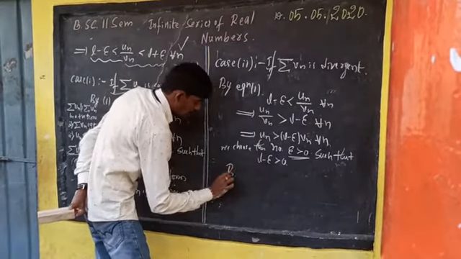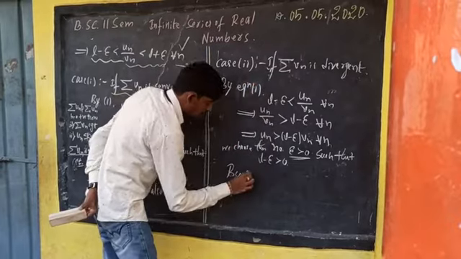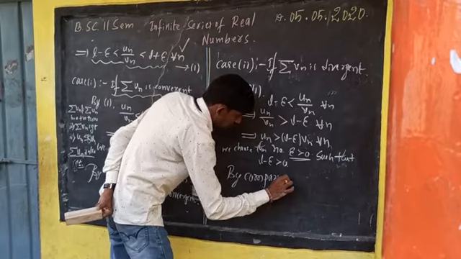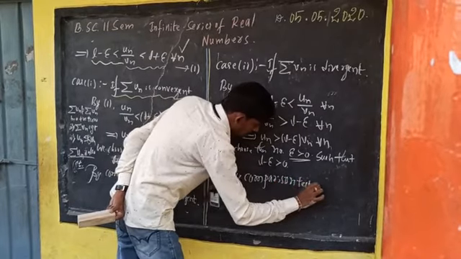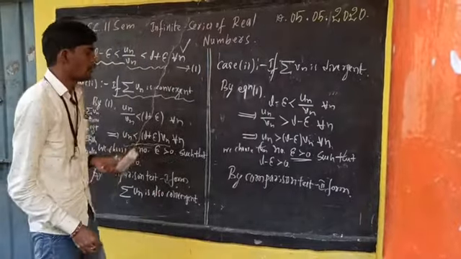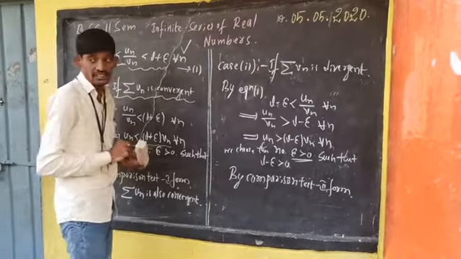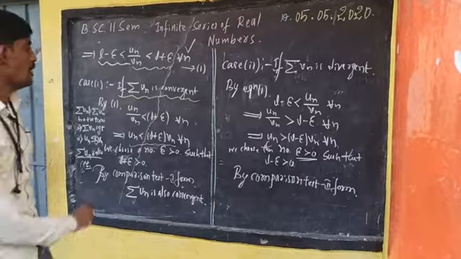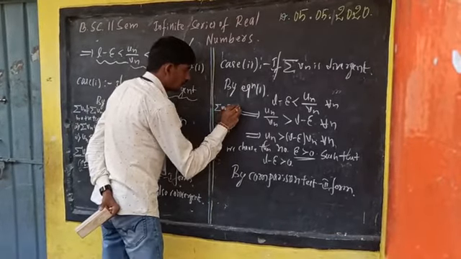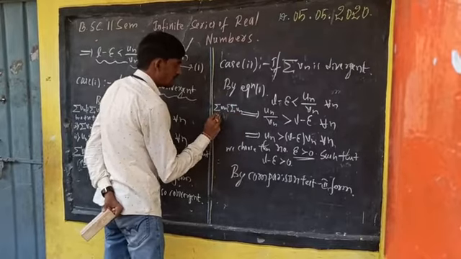Next, use these two results applied here, by comparison test second form. What is the comparison test second form? Summation un and summation vn are series of positive terms.